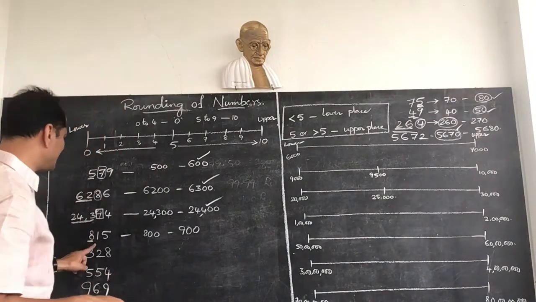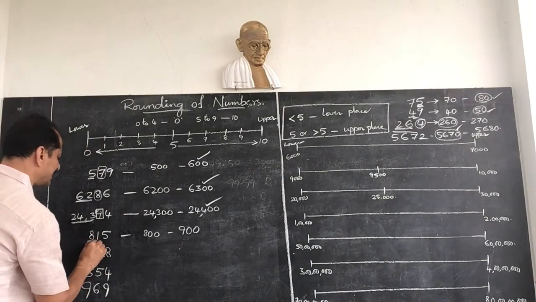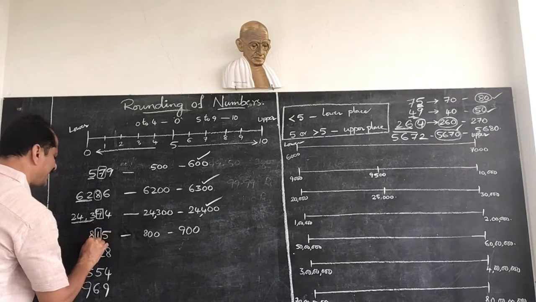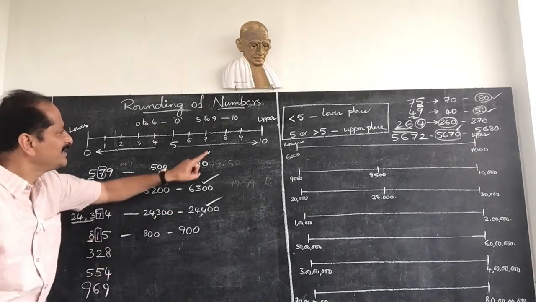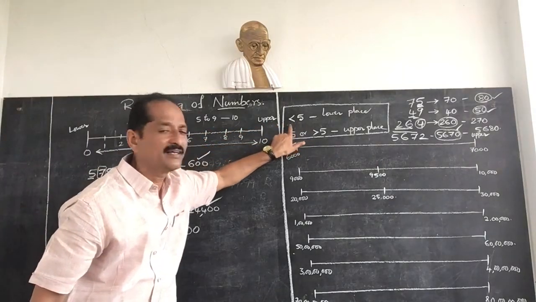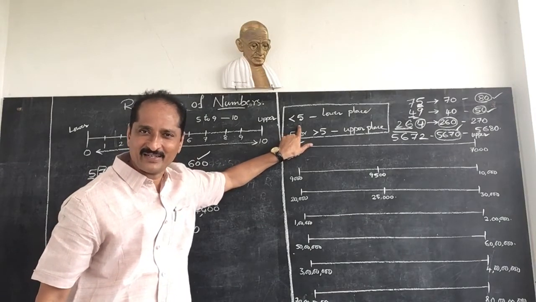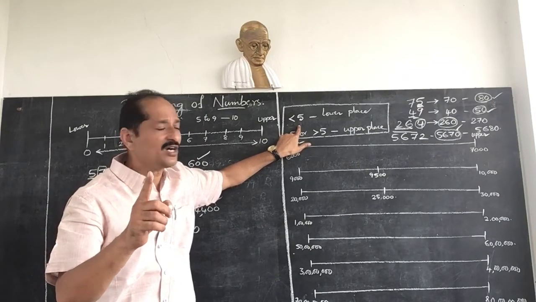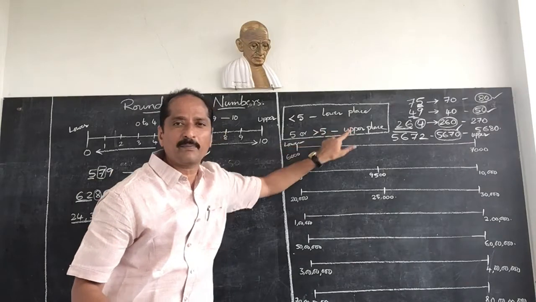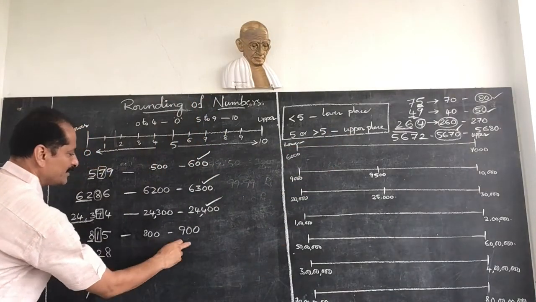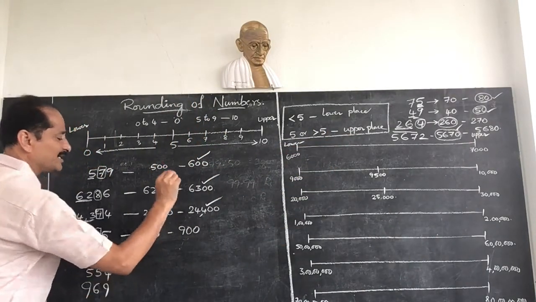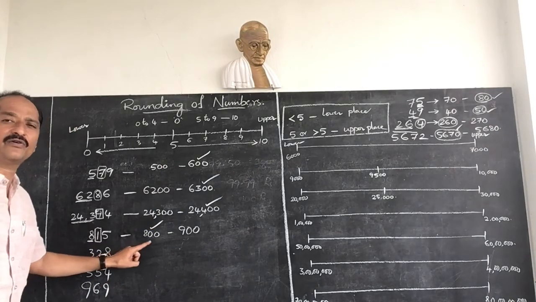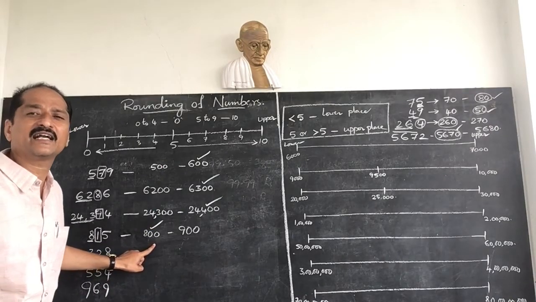The next lower than hundreds place is the tens place. The digit in the tens place is 1. 1 is less than 5. Yes, 1 is less than 5. So lower place. In these two, which is the lowest one? 800. So round off to 800. 815 should be rounded to 800 to the nearest hundreds place.